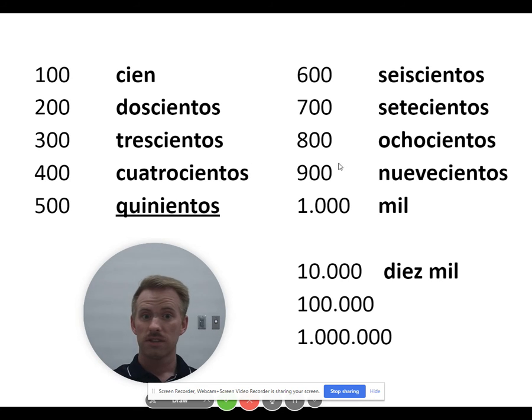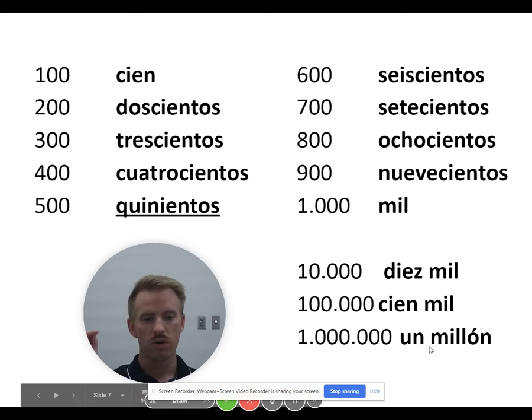So 100,000. A million is diferente, un millón. What about 2 million? Dos millones. 5 millones. See?